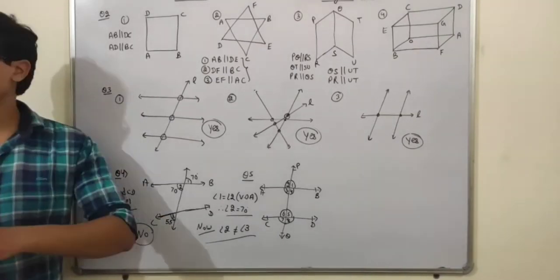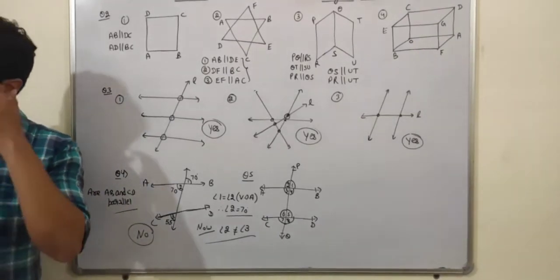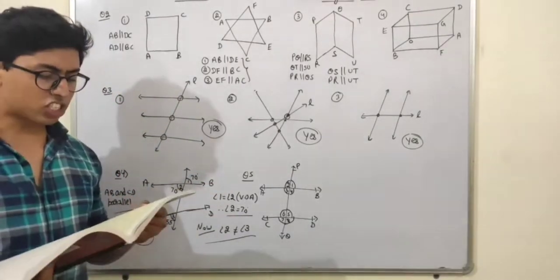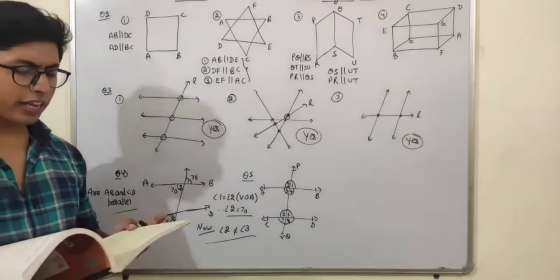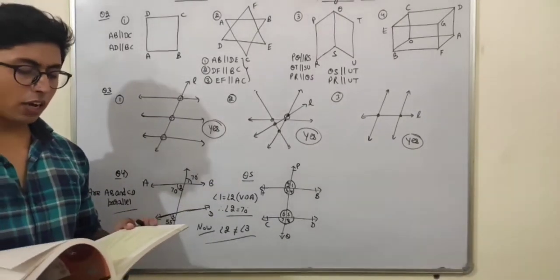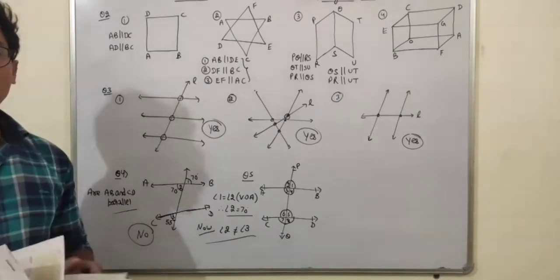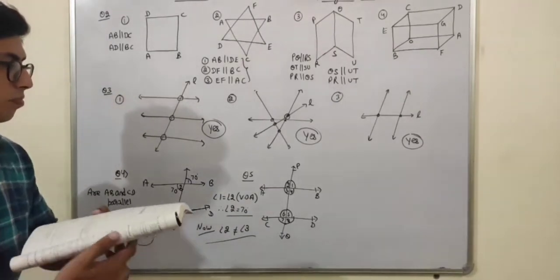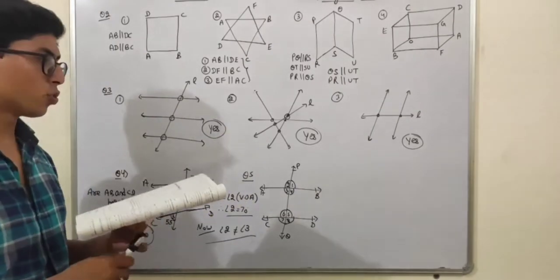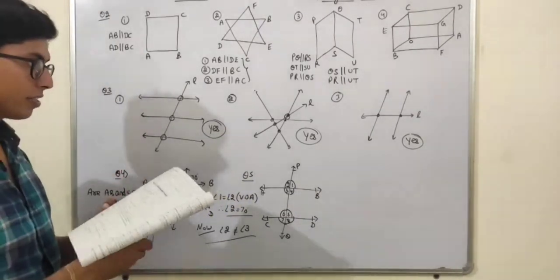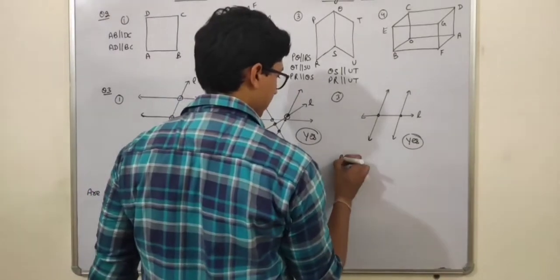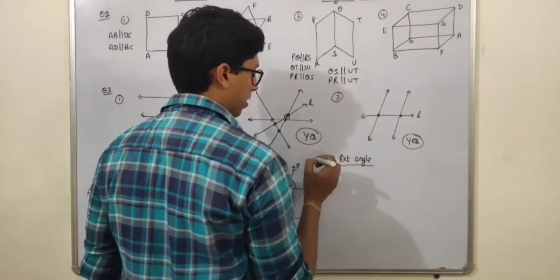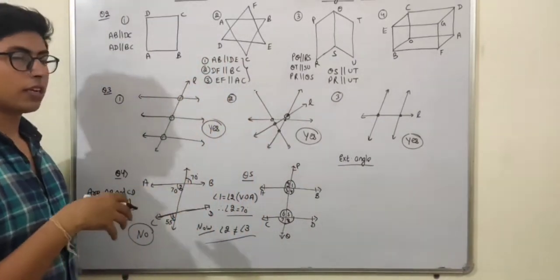Now students, in question number 5, it is given: name the exterior, interior, corresponding, alternate interior, and alternate exterior angles. I have to mention all these angles. If I take exterior angles, exterior means outside.